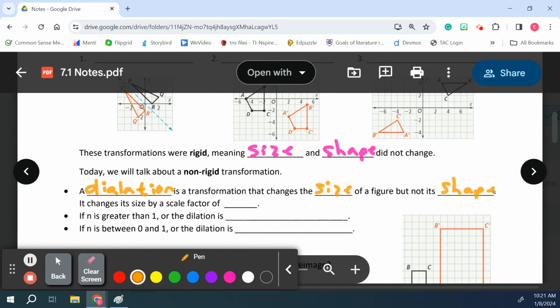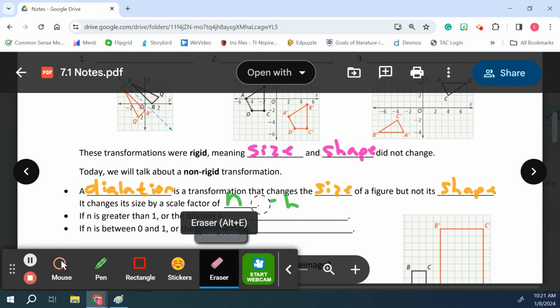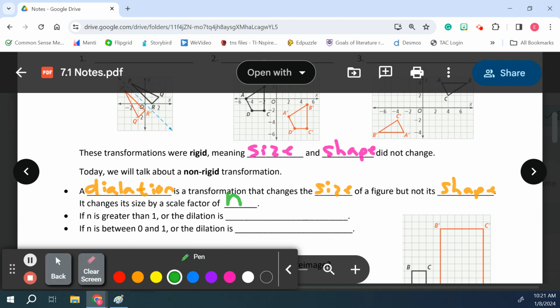All right. So in this case, it changes its size by a scale factor of, I don't even know what they wrote down there. I guess scale factor of N or H. Oh, it's N in this case. They did N. Okay. Never mind. It's N. If N is greater than 1, the dilation is an enlargement.